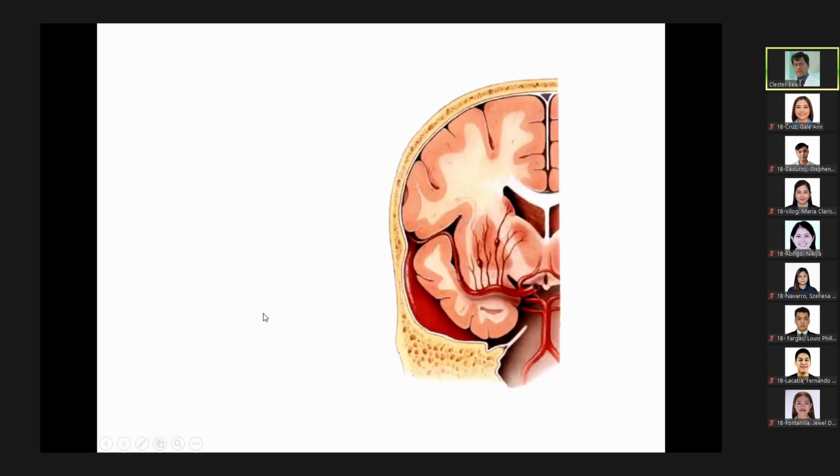Now, these are some of the clinical or pathologic conditions that develop among blood vessels in the brain. This is what I mentioned earlier: the reticulostriate branch of the middle cerebral. They can develop microaneurysms, and aneurysms are one of the areas that can rupture.